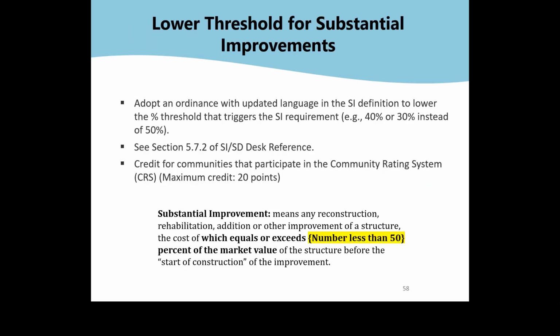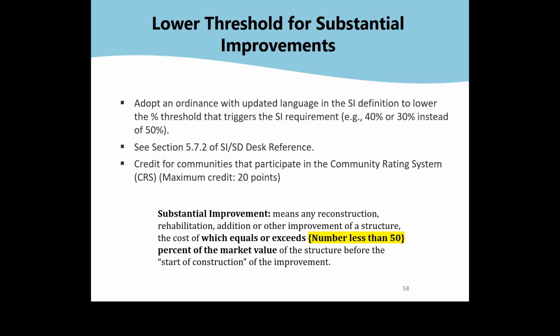Another option for a higher standard related to substantial improvements is adopting language where you're lowering the threshold that triggers the SI requirement. So instead of 50%, you could have 40% or 30%, so that the SI clause in your ordinance is triggered with a lower cost of improvements.